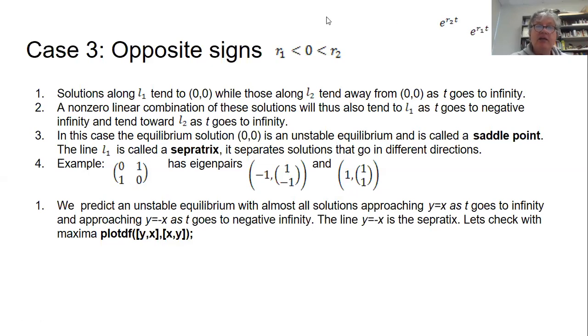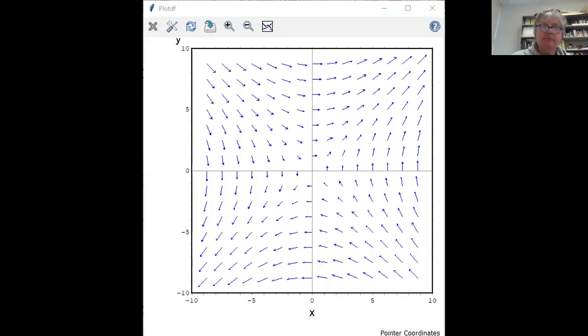So let's check with Maxima. Okay, here's our phase plane. Again, you can see y equals x and y equals minus x correspond to the eigenvectors. And for y equals x, we're going away from the origin, and for y equals minus x, we're going towards the origin.